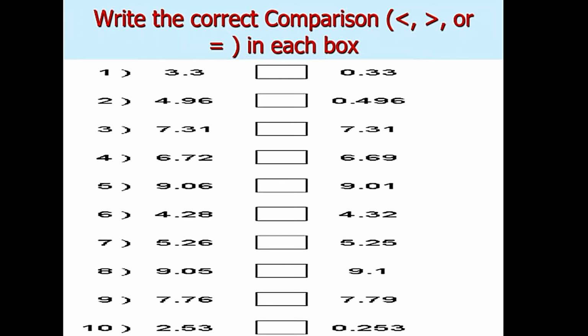If they have the same whole numbers, that's the time you proceed to the decimals. Compare the tenths place. If it is the same, compare the hundredths place. If it is the same, compare the thousandths place. Do I make myself clear?